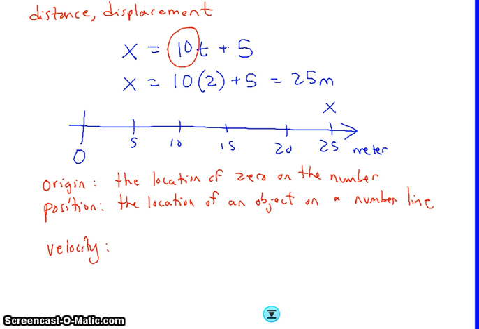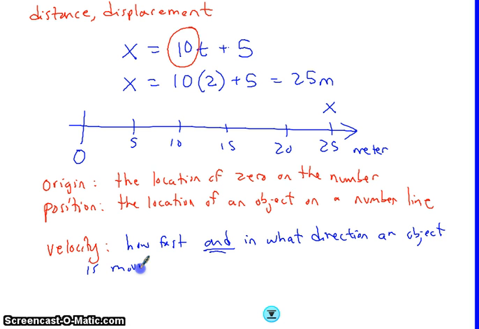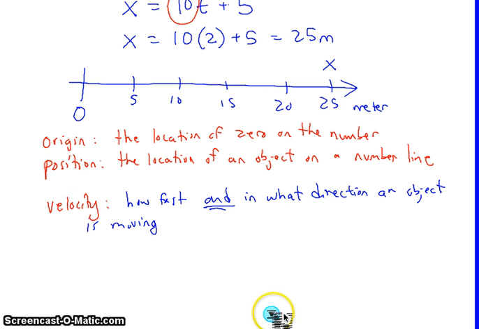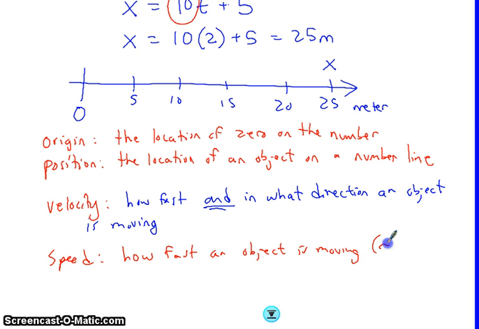And what velocity is, is both how fast and in what direction an object is moving. And whereas speed is simply how fast. Direction is not included. So speed is how fast an object is moving, and that is regardless of direction.